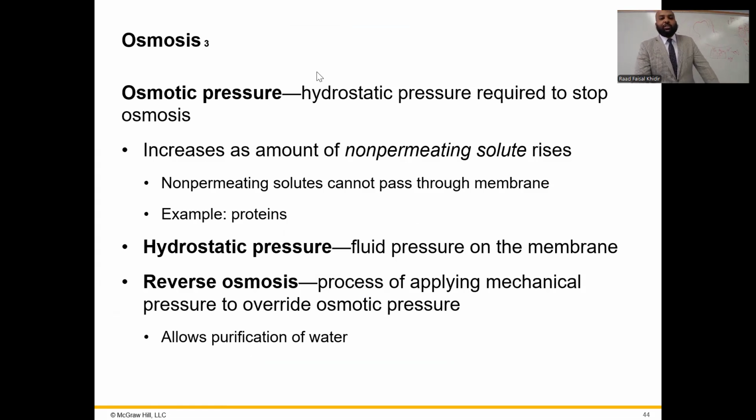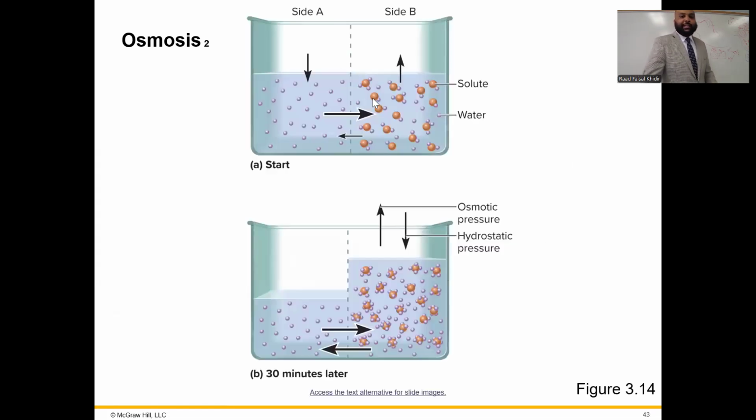So osmotic pressure is the hydrostatic pressure required to stop osmosis. It increases as the amount of non-permeating solute rises. So the more solute that is non-permeating, cannot cross, the more you add here, the more the osmotic pressure and the more water is going to cross.